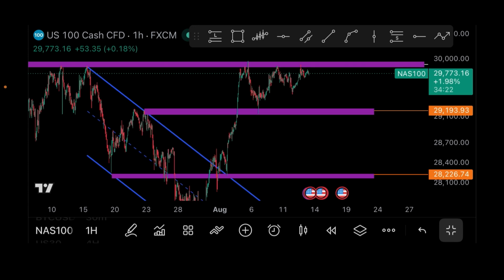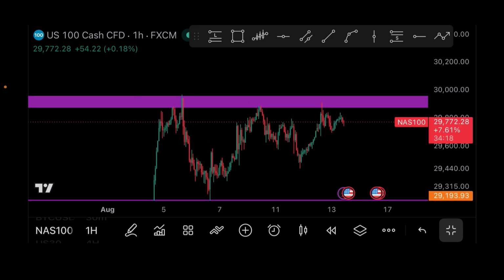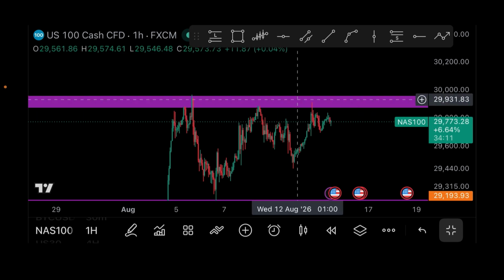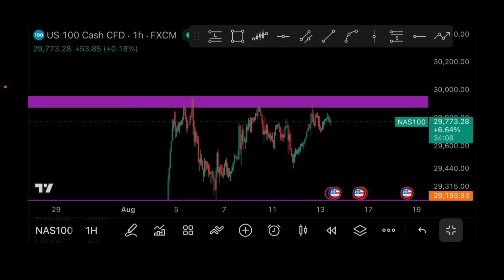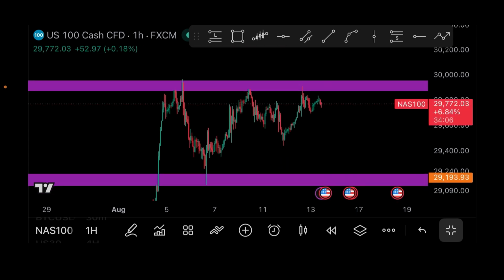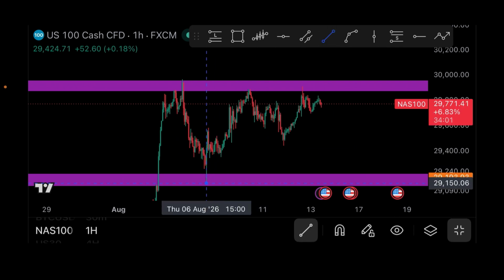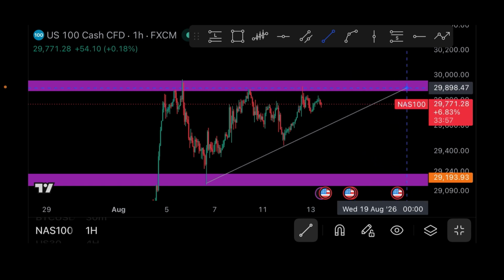Now what I'm saying is the market is actually failing to break above our trend line, right? Now that we have a resistance right here, or should I say a supply, the only thing you need to do now is from this support down here, just draw a trend line going like this, guys.